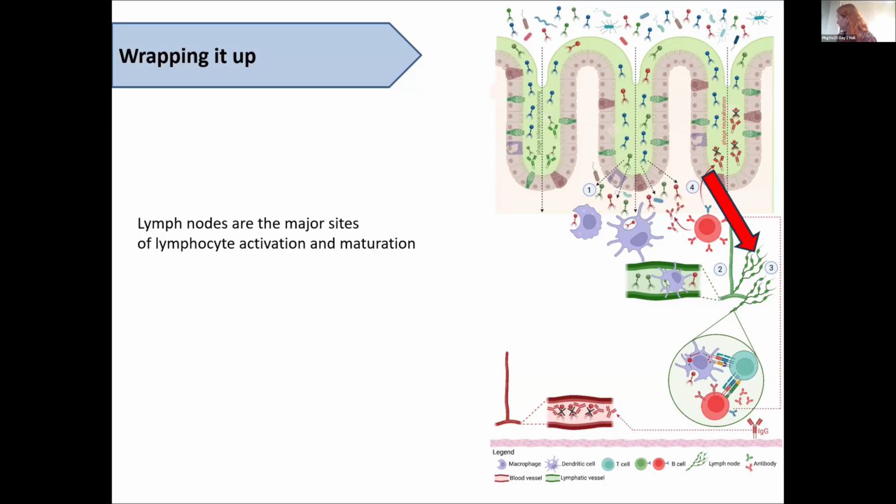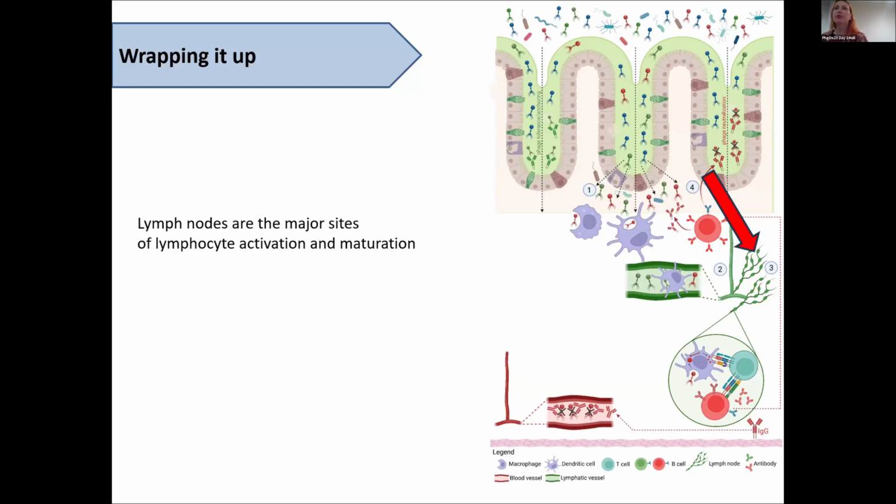Here we have dendritic cells that present phage antigens to T cells and B cells, because phages in the majority consist of proteins, which are typical antigens that are T-dependent.